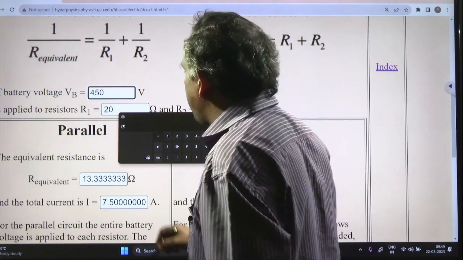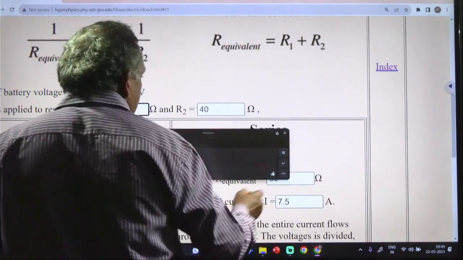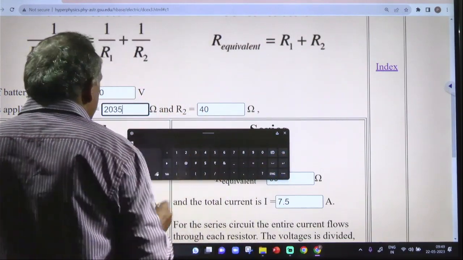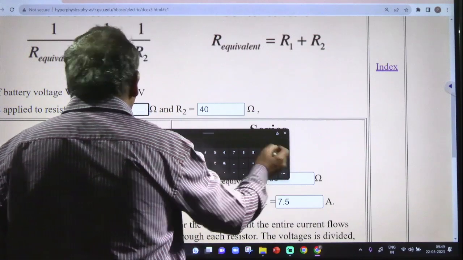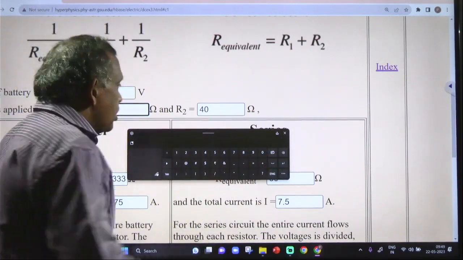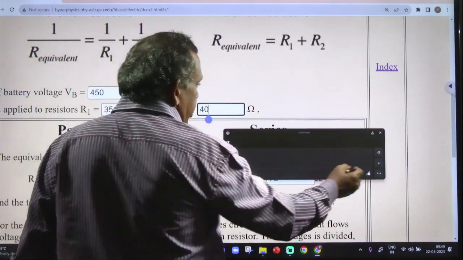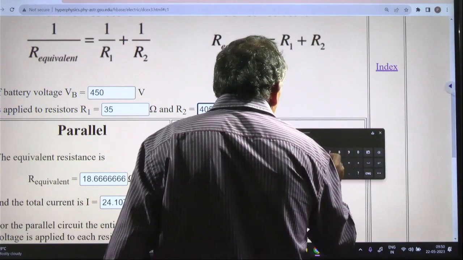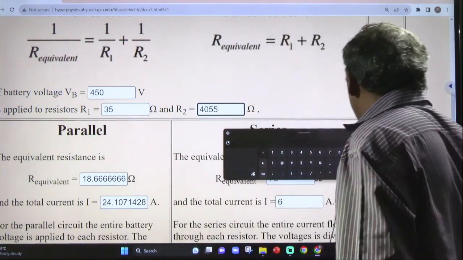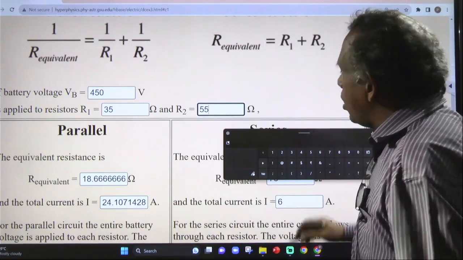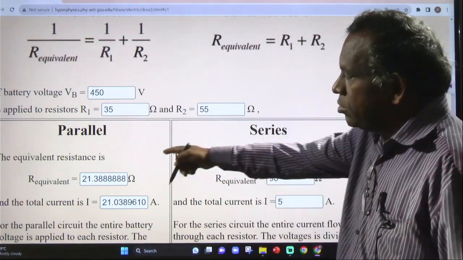You take 450 volts. And resistance also you can take a different value like 35 or any value, a little difficult calculation. Here R2 value you can take 55.